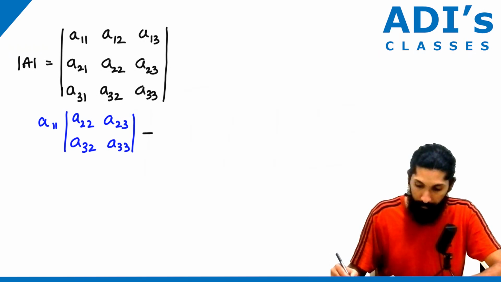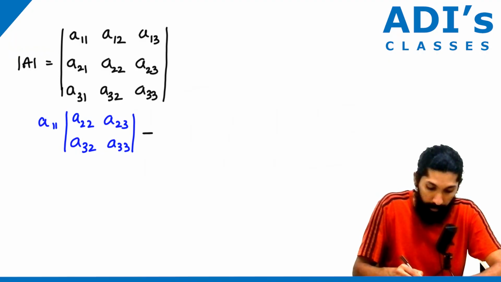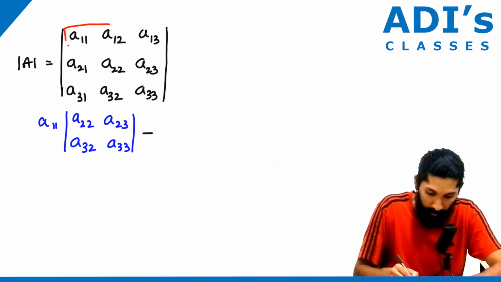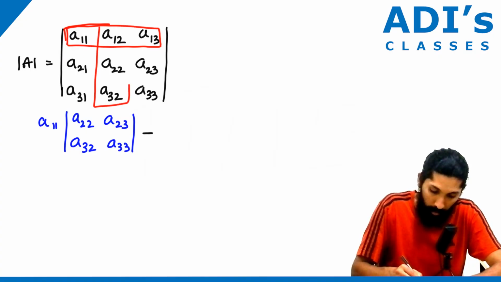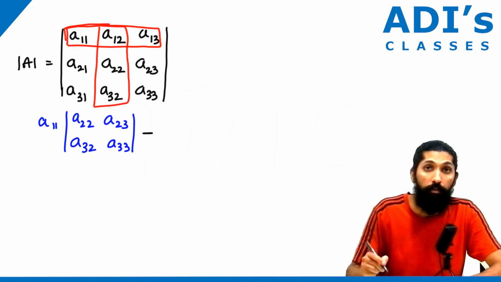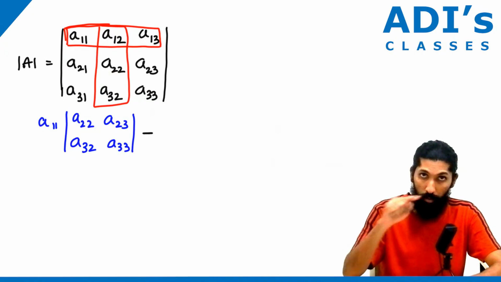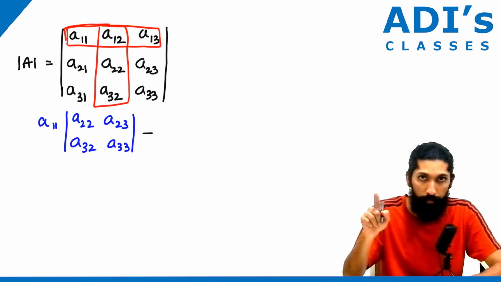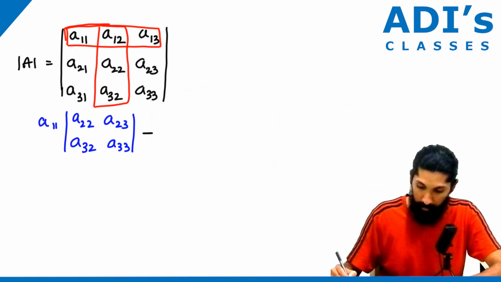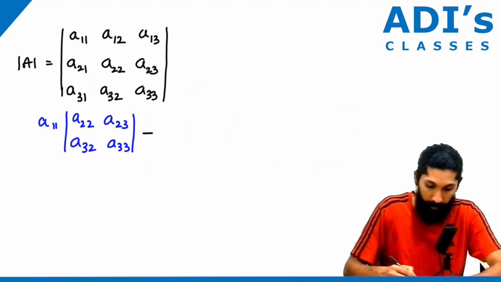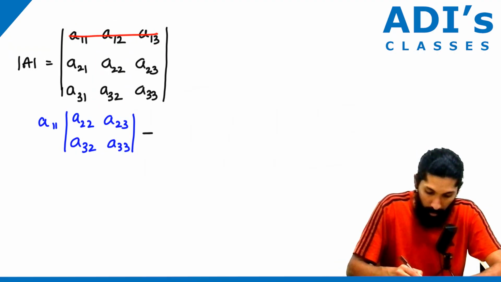Minus. Okay. Then the second part, see, we are looking at the second one. So again, remove this particular row and remove this column. Remember, the particular row and particular column should be removed. Fair enough? So in this case, we are going to remove this row, remove the column.